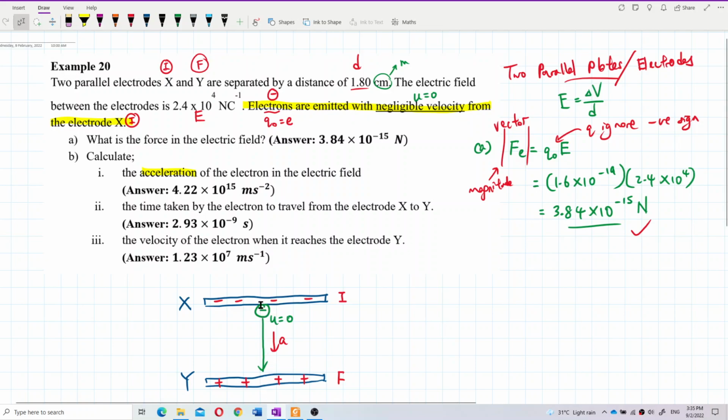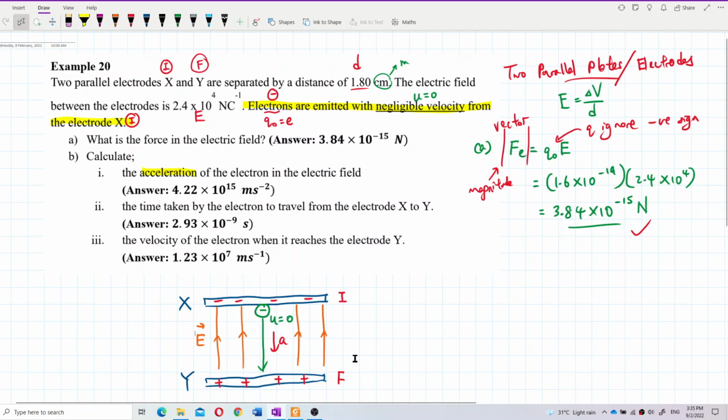So the direction of the electric field should actually be going upward. That's the direction of the electric field: upward, from positive to negative.